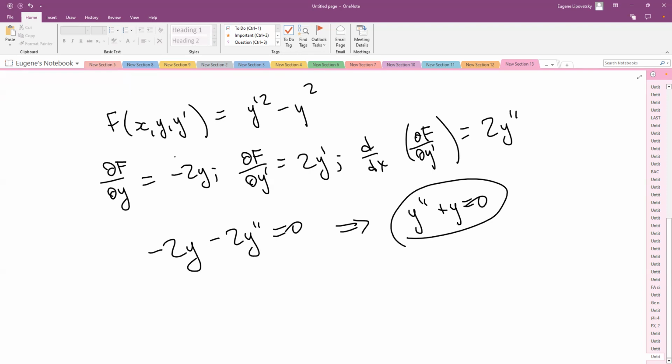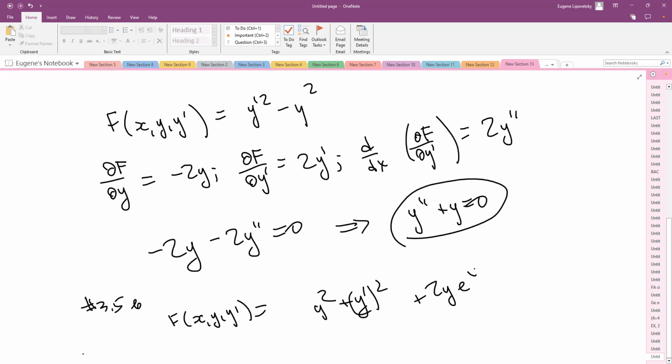Let's do one more example. Number 3.5b. So the f of x, y, and y prime is equal to y squared plus y prime squared plus 2y e to the x.